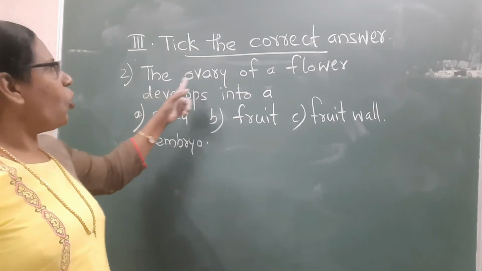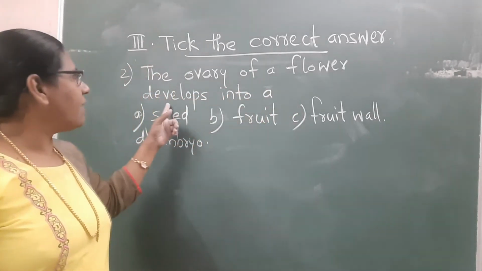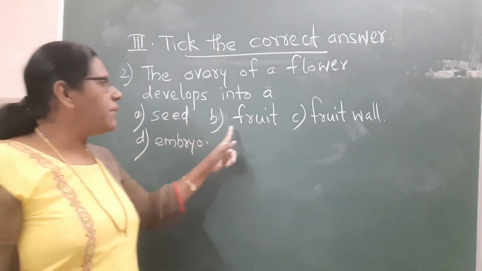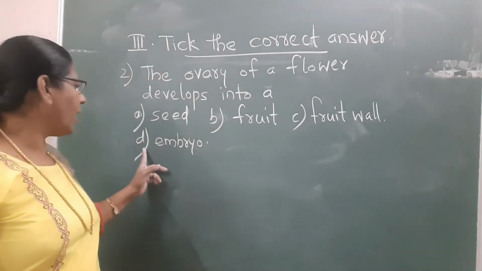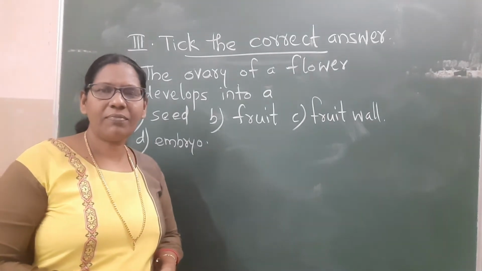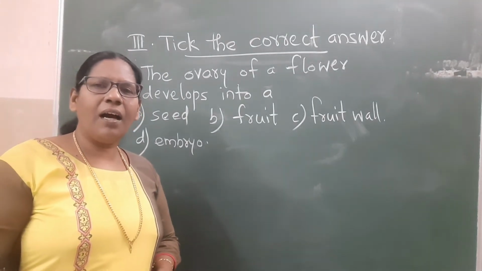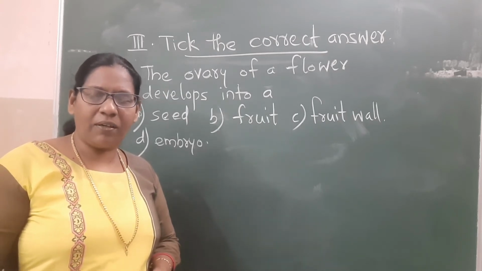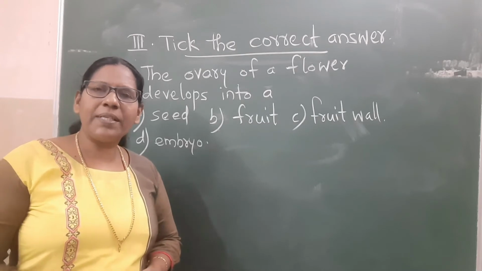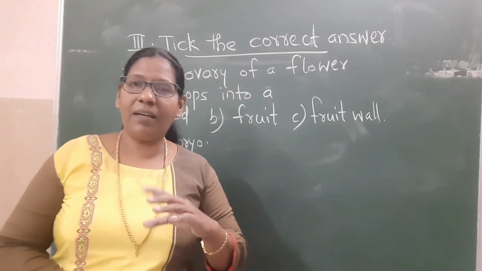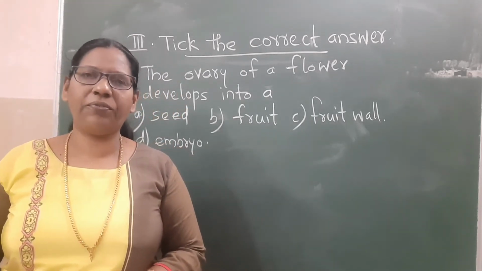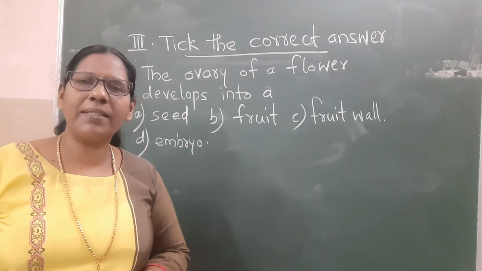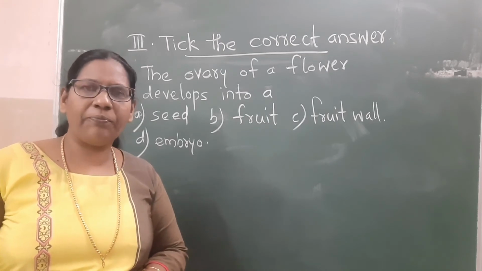Second one, the ovary of a flower develops into A, seed, B, fruit, C, fruit ball, and D, embryo. We learned that after fertilization, some changes take place in a flower. First, the flower's color will go off. After that, sepals, petals and stamens fall off.